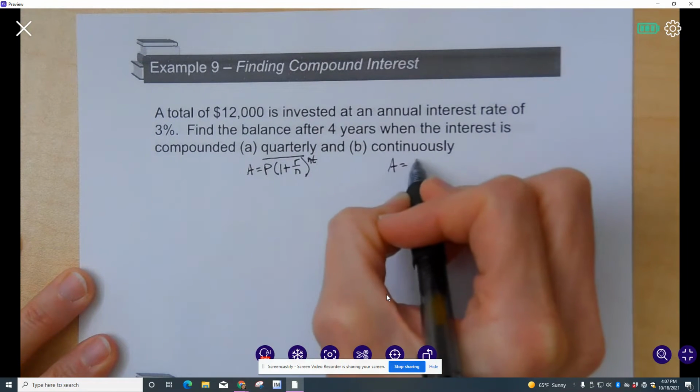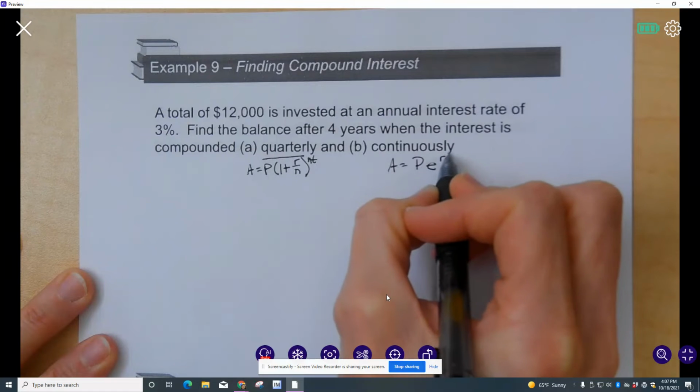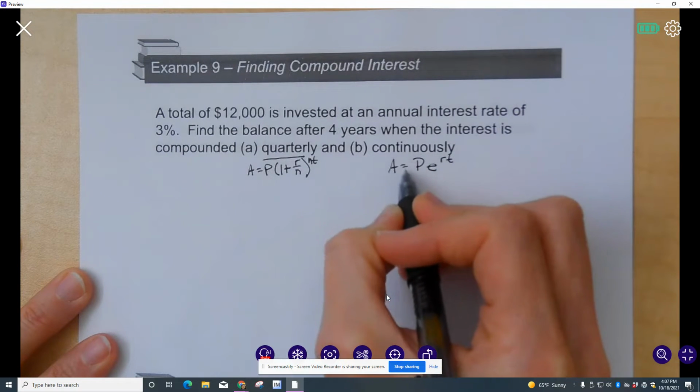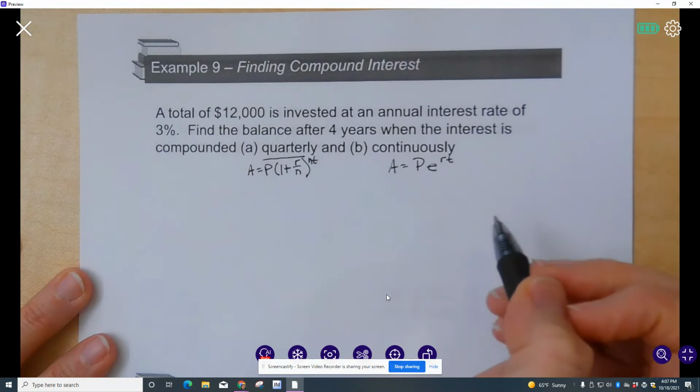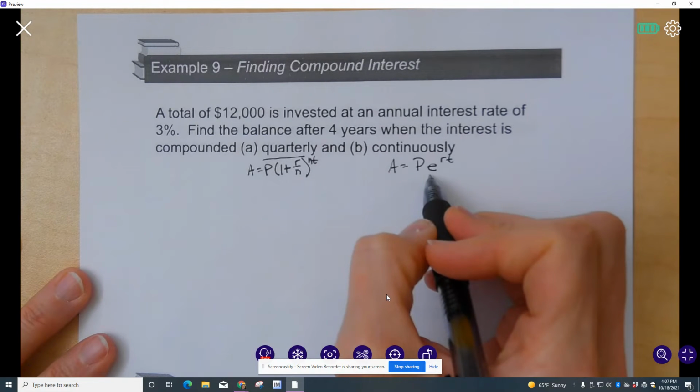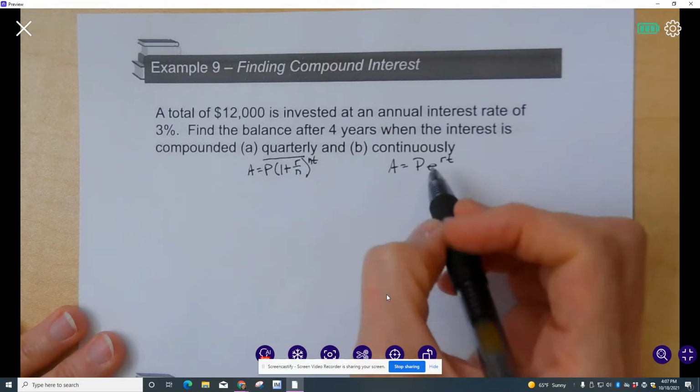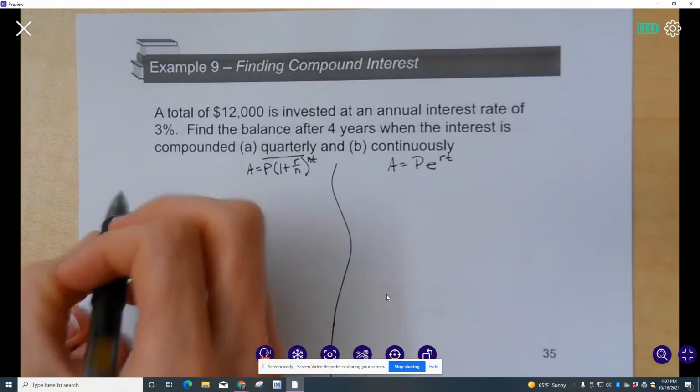I'm going to use that other formula, which is often referred to as PERT. Because if you look at this, P-E-R-T, it spells PERT. So the E is going to be the E button on your calculator. So I'm going to do this in 2 parts here.